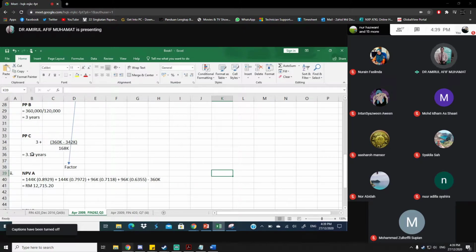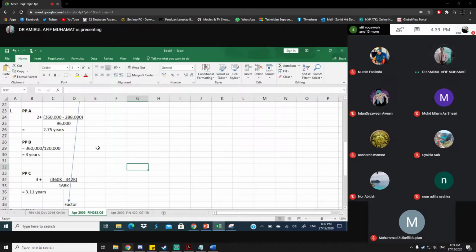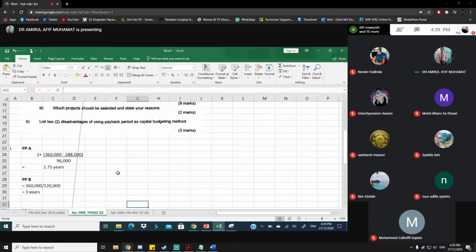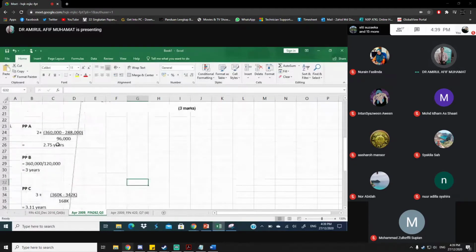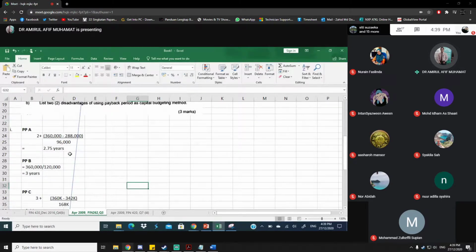And you will get 3.11 years. So based on this, we can see that payback period A, supermarket A, will give a shorter payback period. Within 2.75 years, the company will be able to cover the cost. So based on the payback period technique, we will choose supermarket A.